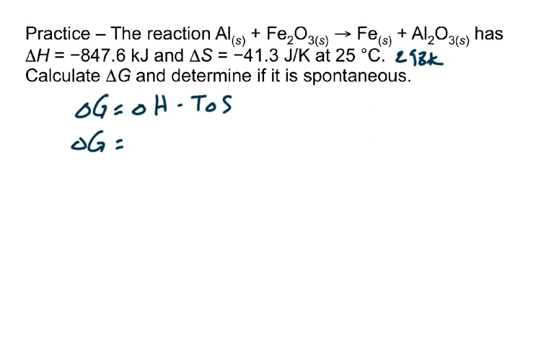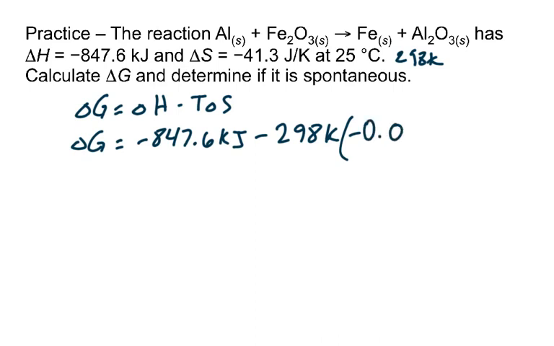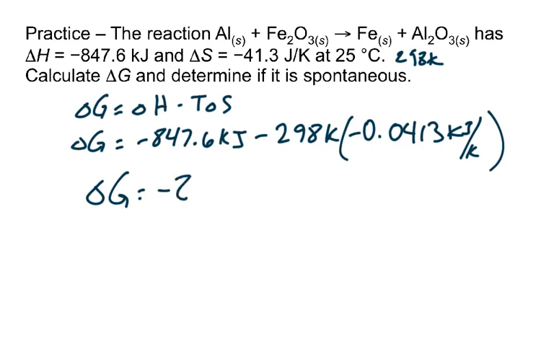Delta G is negative 847.6 kilojoules minus 298 Kelvin times negative 0.0413 kilojoules per Kelvin. So my delta G is equal to negative 835.3 kilojoules. So still spontaneous.